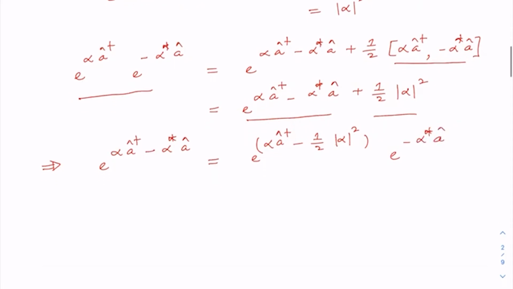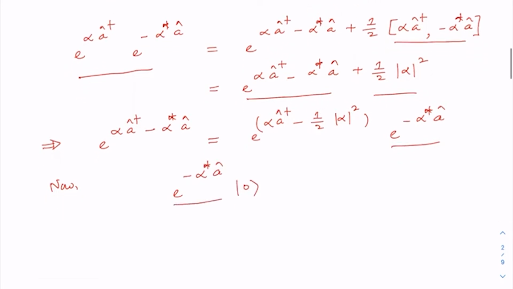Now if e to the power minus alpha star A operates on the vacuum state, I can expand this into a series like this: 1 minus alpha star A plus alpha star square by 2 factorial A square and so on.